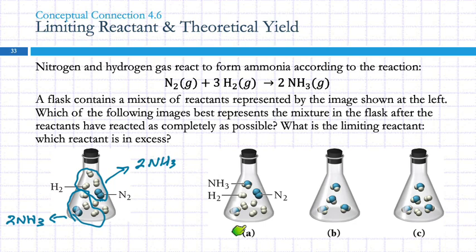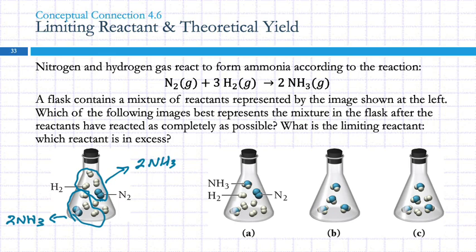So then we look at these guys over here, and we're looking for 2 plus 2, 4 of those compounds, right? The compounds look like this one. So here, this one has 2 of them. This one has 4 of them and nothing else. This one has 4 of them and the 2 hydrogen molecules.